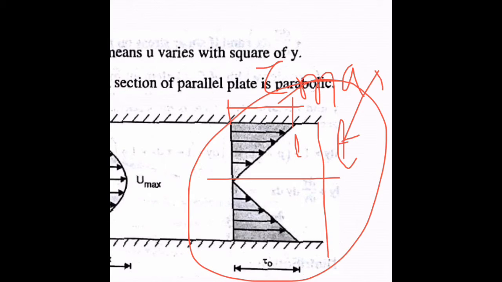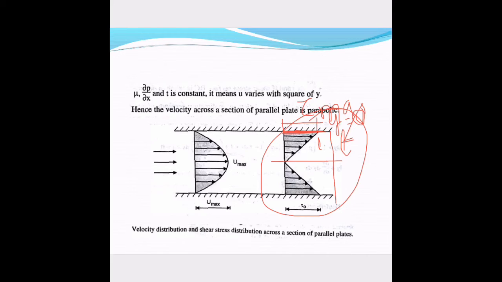Tau max will be this one, near the solid boundaries, and minimum will occur at the center of the plates. So this is how we find out the shear stress distribution diagram for a laminar flow if the flow is flowing through two fixed parallel plates.